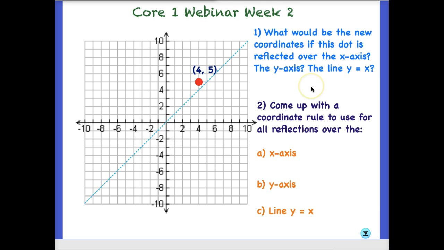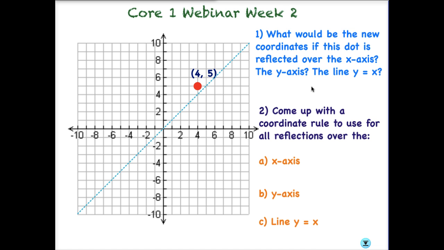So all I want you to do is an ABC: what would be the new coordinates if you were to reflect that dot first over the x-axis, second over the y-axis, and third over the line y equals x. And I've actually put in that line, y equals x. It's a dotted line right here so you can see it to give you some perspective.